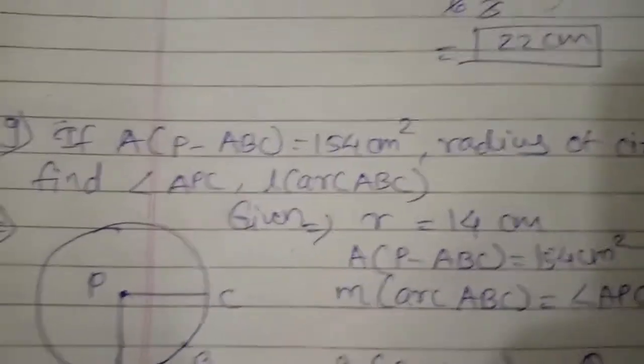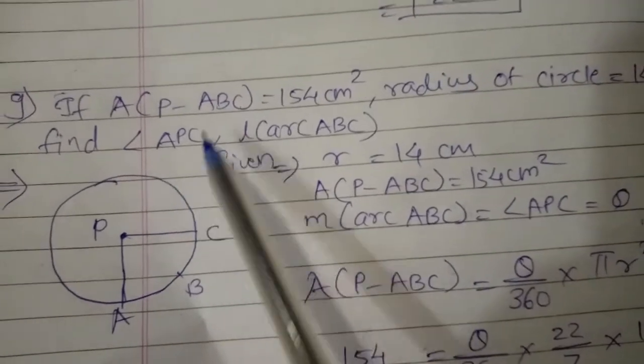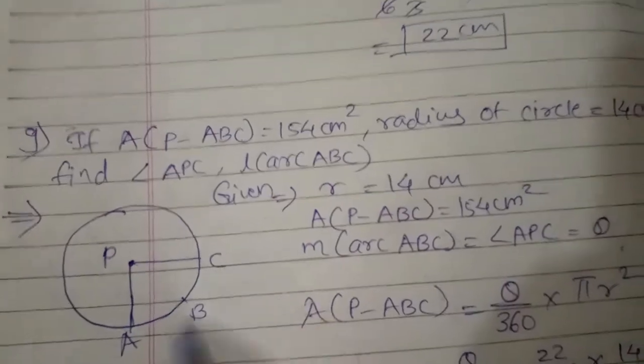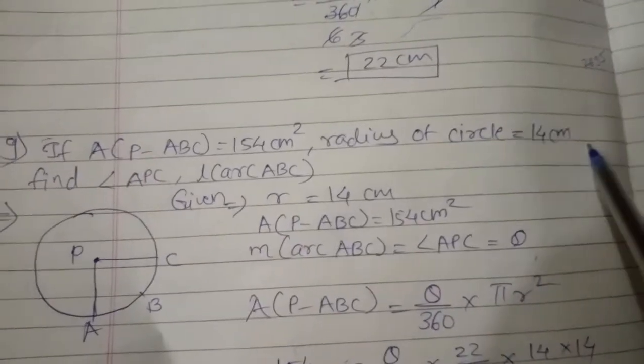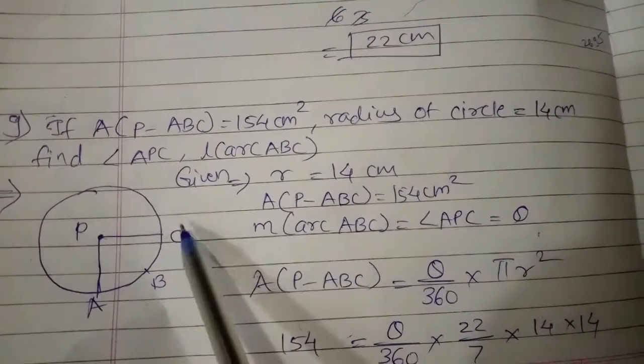Now the next example, example number 9. The area of sector P dash ABC is 154 centimeter square. The radius of the circle, that is PC or PA, is 14 centimeter.